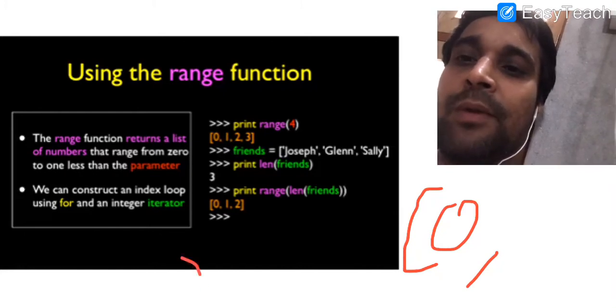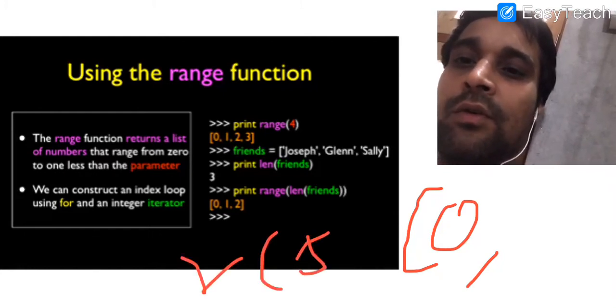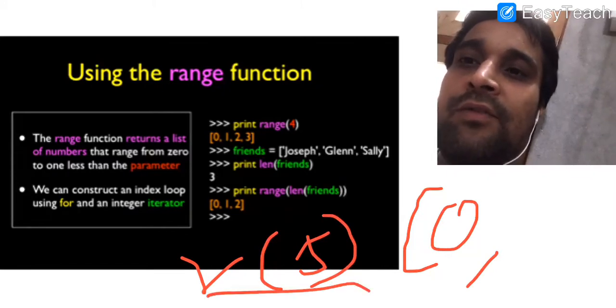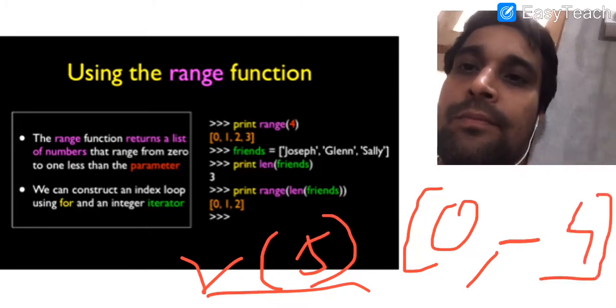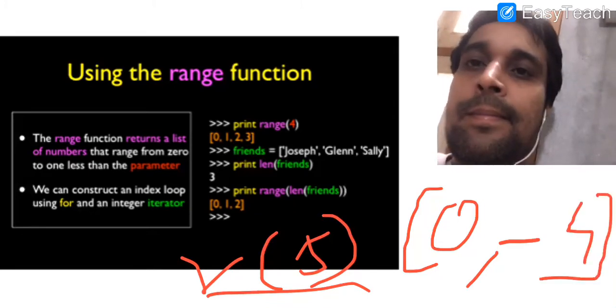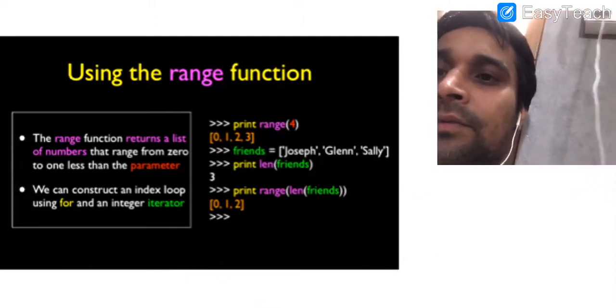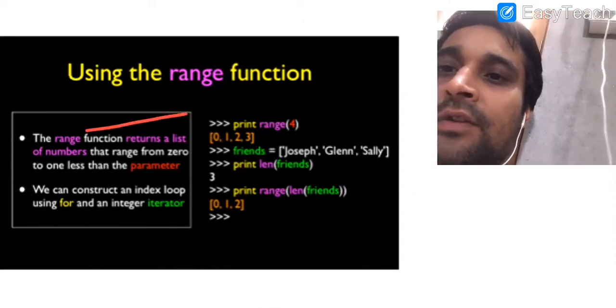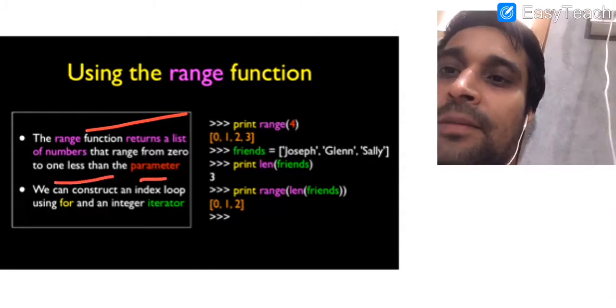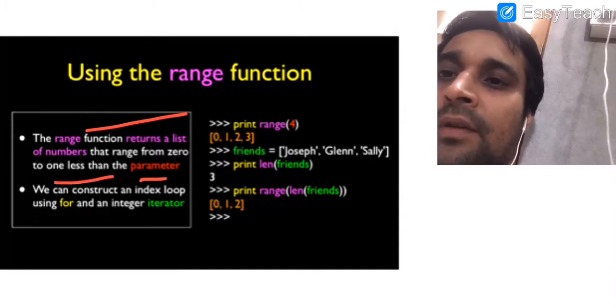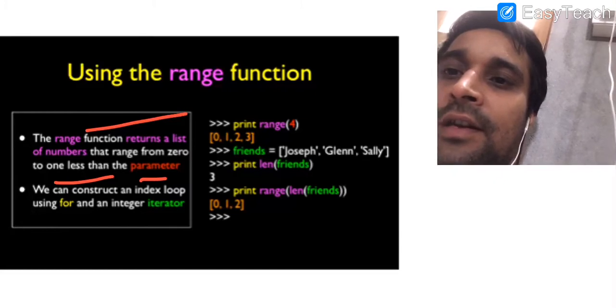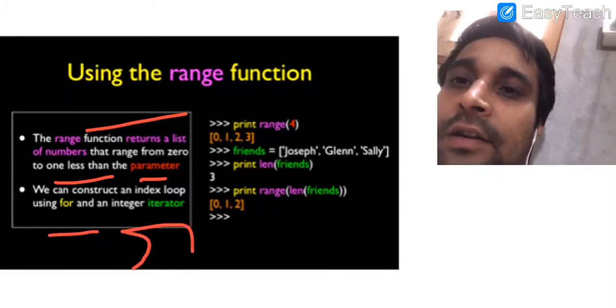It means if you pass range(5), it will return a list with elements 0 to 4. So the range function returns a list of numbers ranging from 0 to 1 less than the parameter that is passed. So we can also construct an index loop using a for integer iterator.